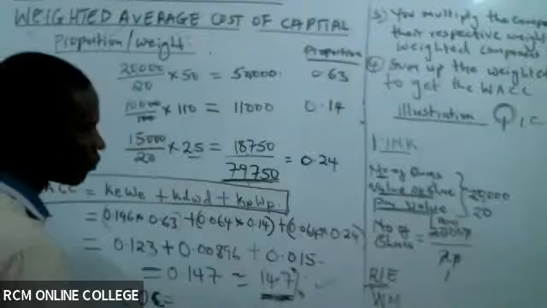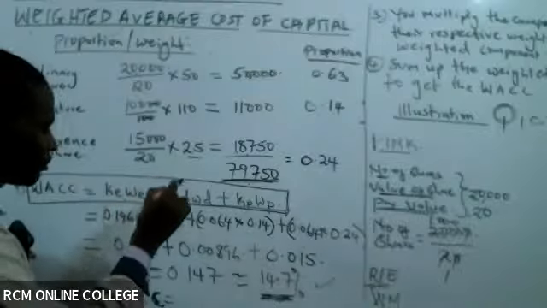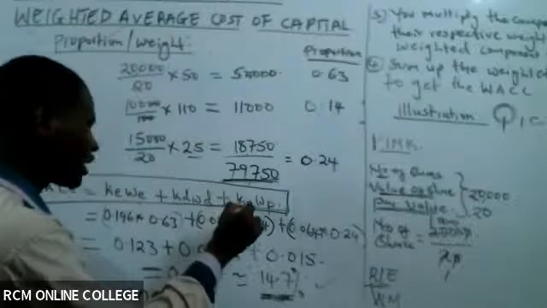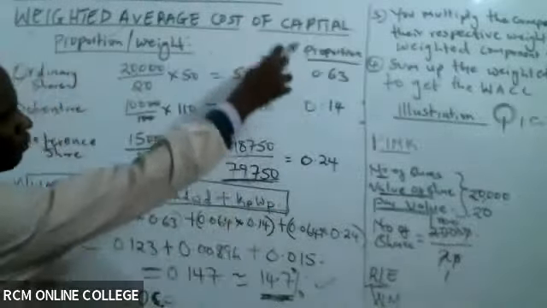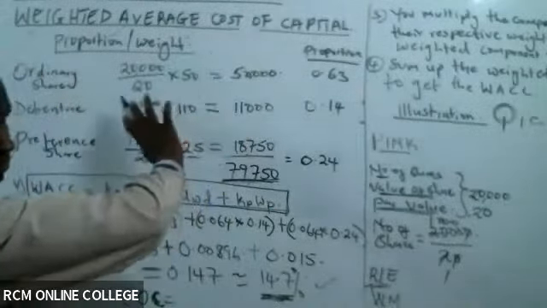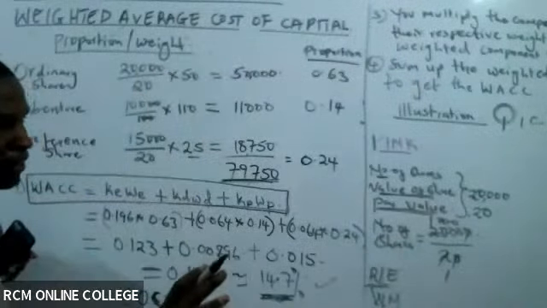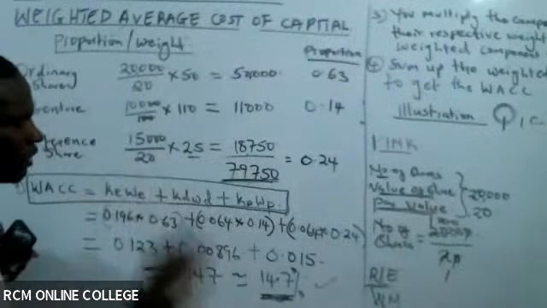The cost of equity multiplied by the weight of equity plus cost of debt multiplied by weight of debt plus cost of preference share multiplied by weight. So getting the proportion hapa, watu wengi hu. So zile step ni muhimu sana when computing our weighted average cost of capital. The steps are very, very important.